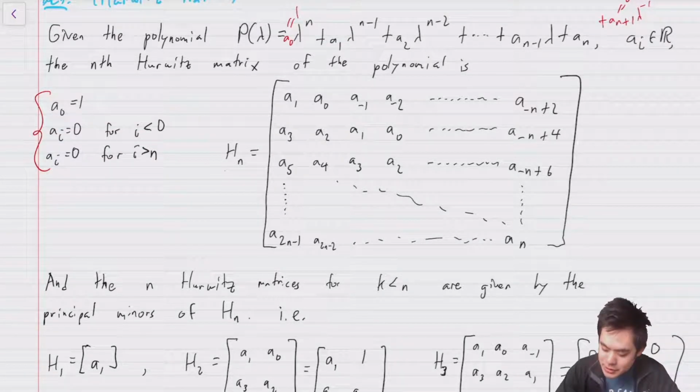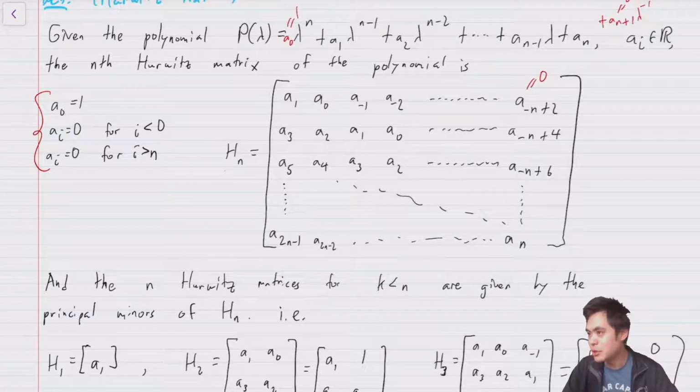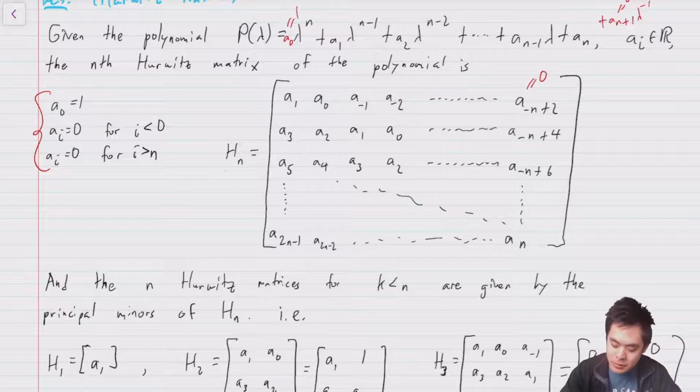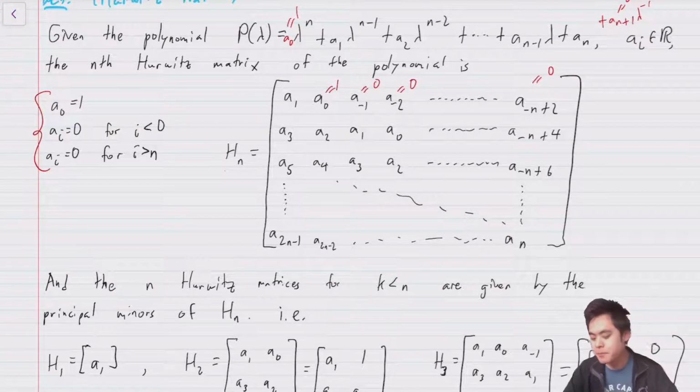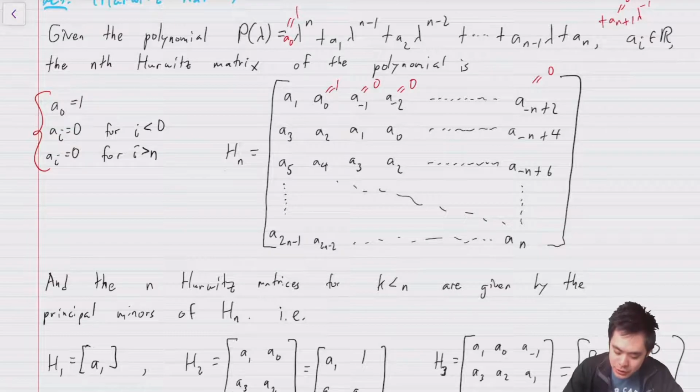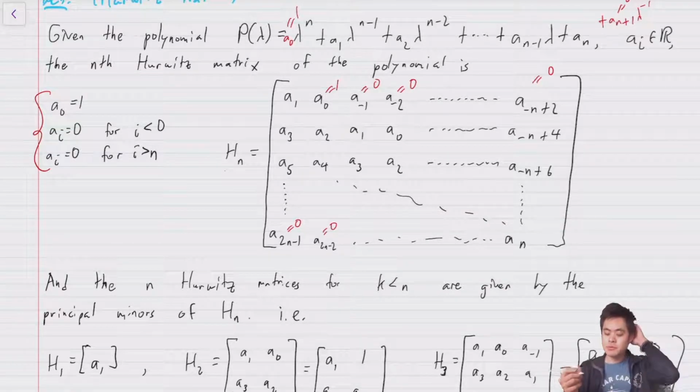So for example, this entry over here at the very end is obviously just 0 so long as n is greater than 2, and so on. So these are equal to 0, or for example, this one's equal to 1, this is equal to 0, this is equal to 0, etc. And over here, this is also generally equal to 0 because you only have up through n, you don't have 2n.